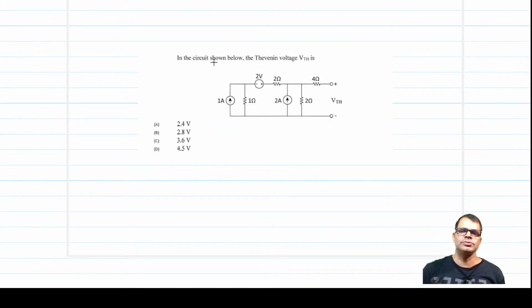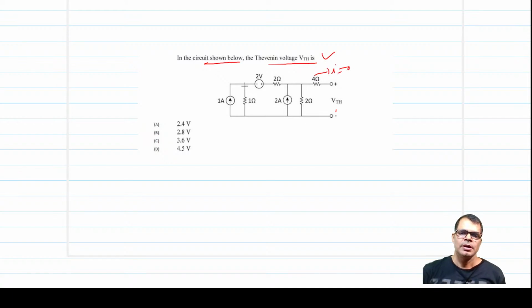In the circuit shown below, the Thevenin voltage VTH is, okay, we need to find the Thevenin voltage. As this side is open, this current is 0.